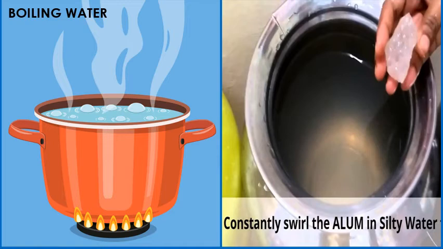Many other ways are also there for purifying water at home, like by adding alum to water. Alum, also known as fatakdi in Gujarati, is added to water in order to settle down the mud particles suspended in water.